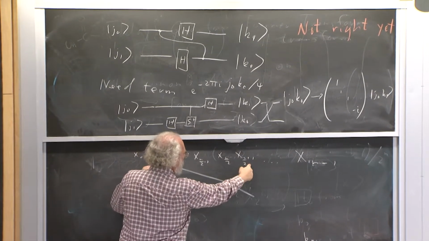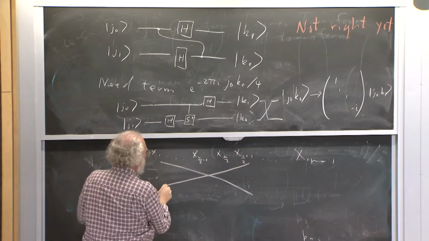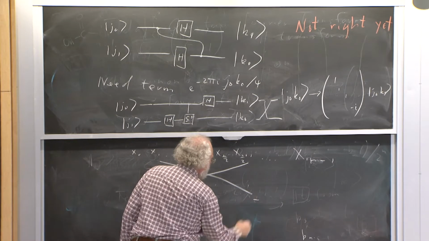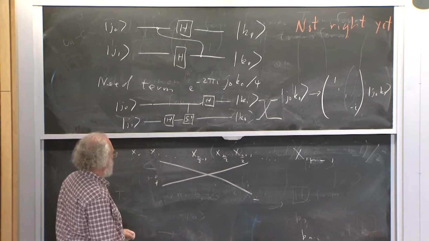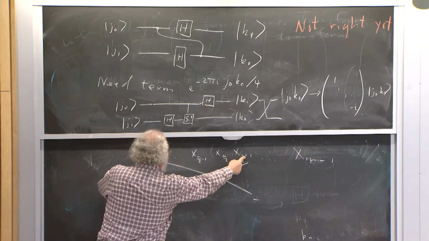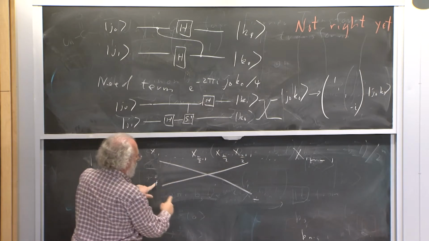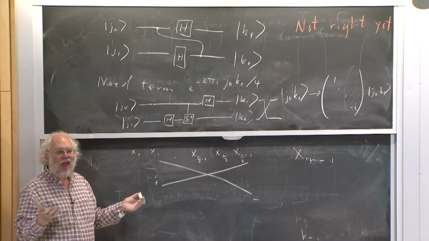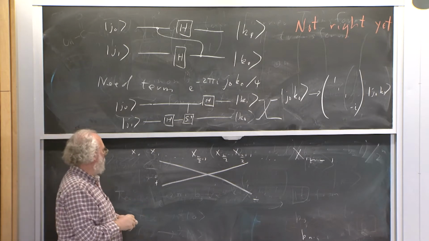x1 with x(n/2 plus 1), and you added these, and you subtracted these. So you take this plus this over here, and this minus this over here. That is a Hadamard gate.